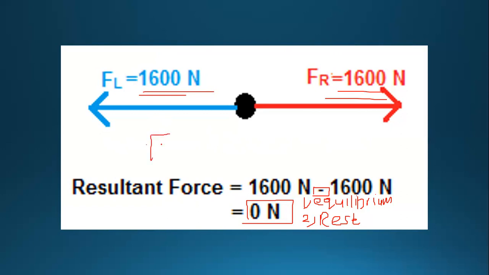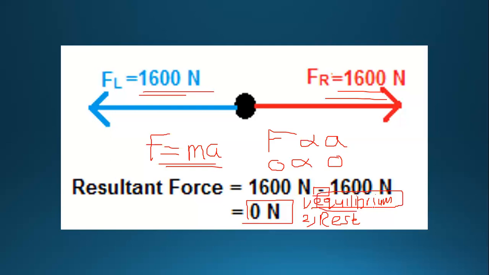We have a formula from Newton's second law, which is F is equal to ma. F is equal to mass times acceleration, so force is directly proportional to acceleration. So if resultant force is 0, then obviously acceleration would also be 0 and the object would be in an equilibrium state.